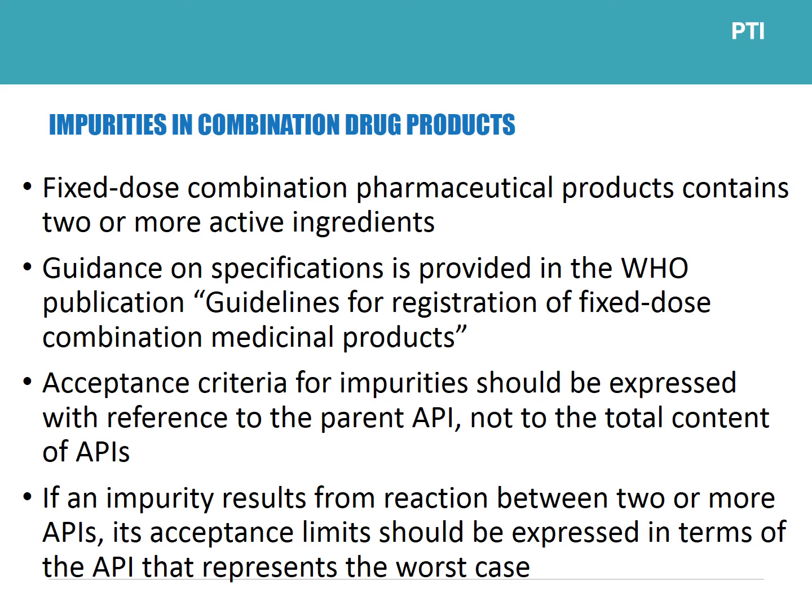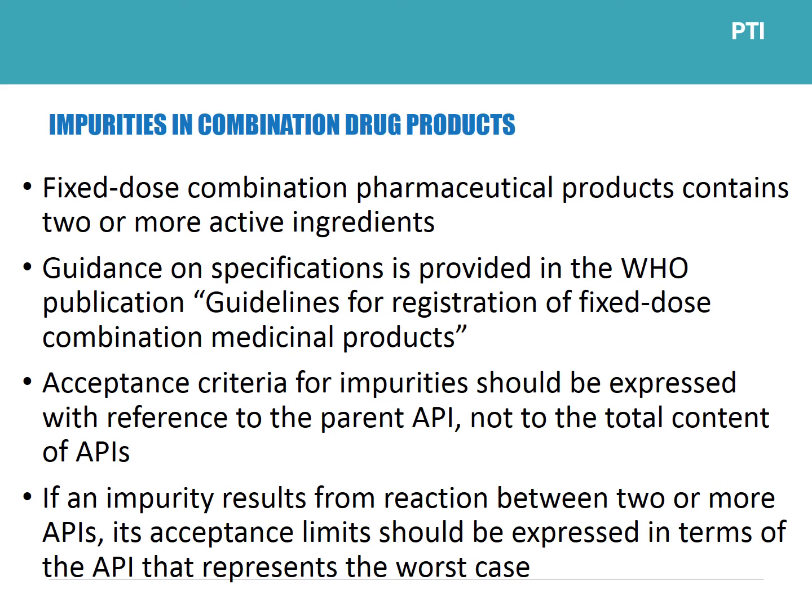In other words, we ideally need to be able to show which API the impurity has come from, not the total content of APIs, and we then express that impurity as a percentage of the amount of parent API that's present.